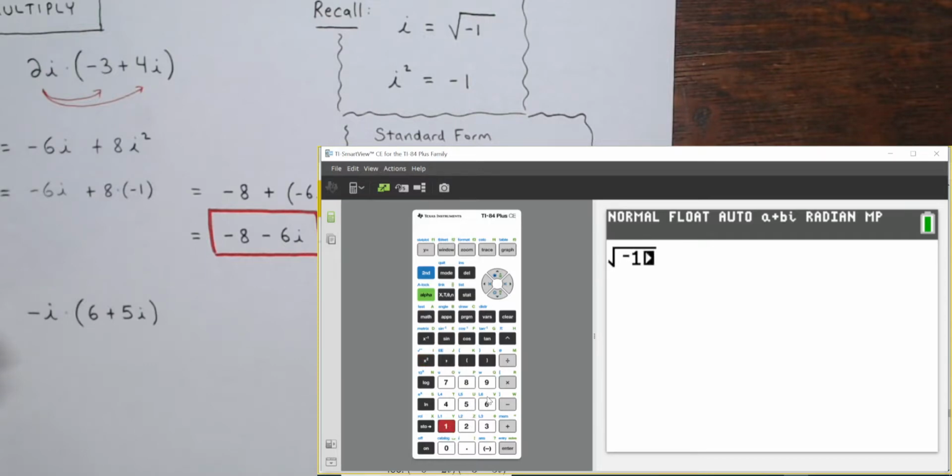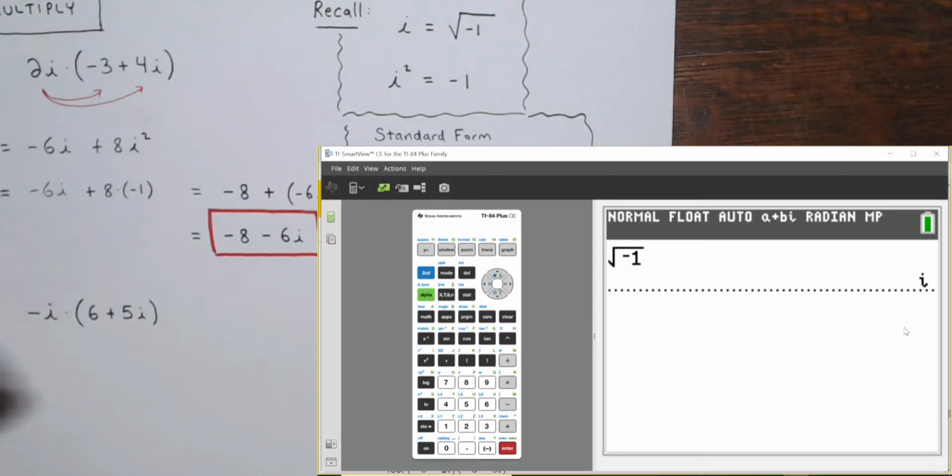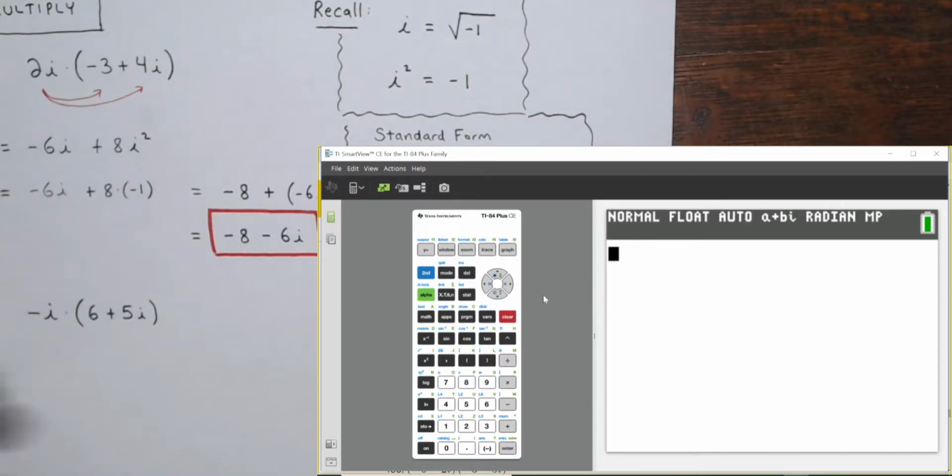In real mode, this would come back with an error, saying that it's a non-real result. But in this a plus bi mode, it comes back with i. The square root of negative 1 is i. Now that we have the calculator in a mode that actually displays complex numbers, we can test our results here.